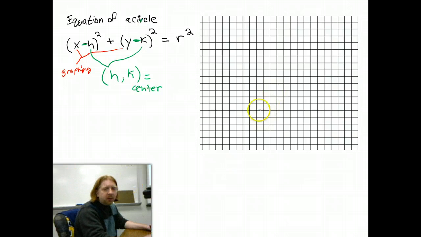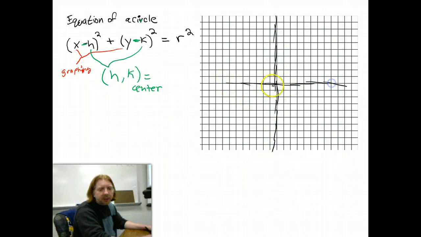So if I have a graph, and the circle is centered right here at the origin, then the equation would just be x squared plus y squared equals maybe a radius of 3.